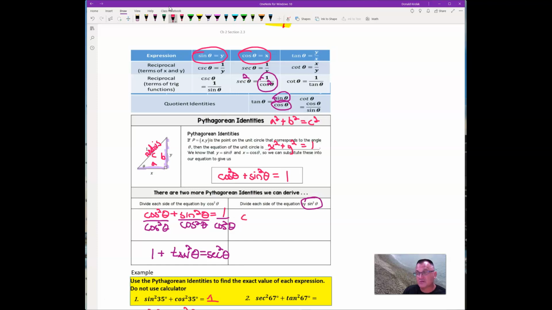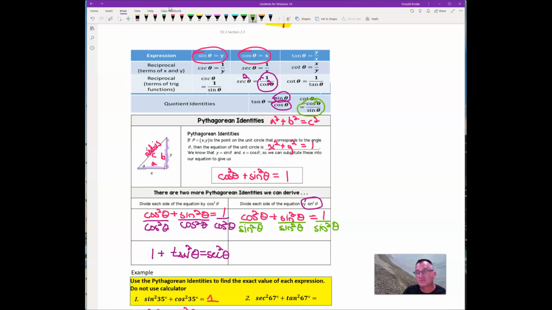So if we take our original Pythagorean identity and this time divide everything by sine squared, all right, so what's going to happen there is cosine squared over sine squared.